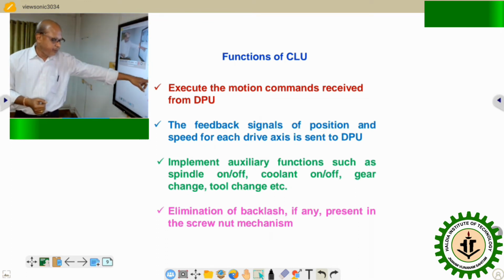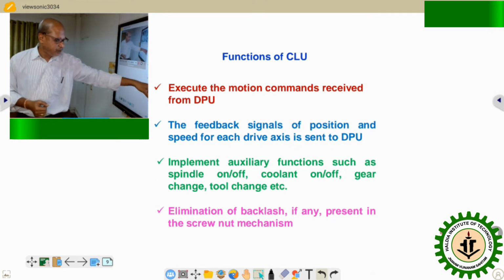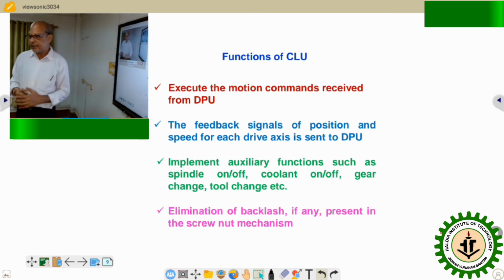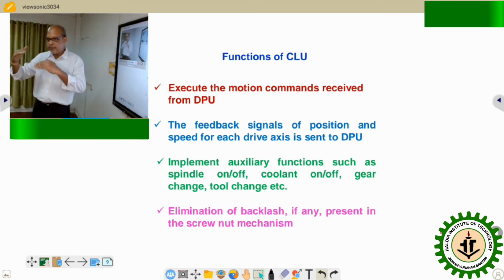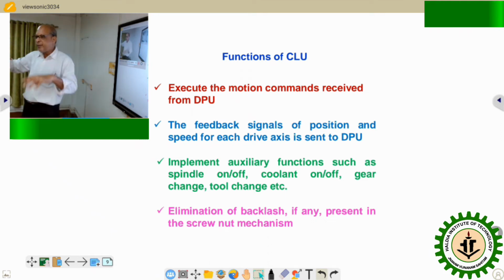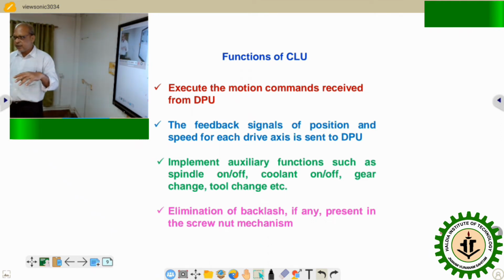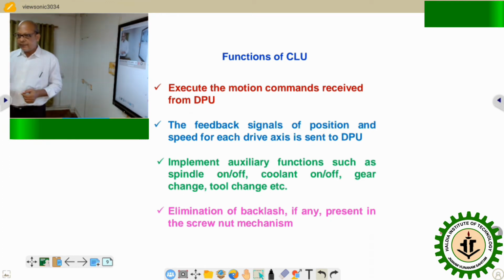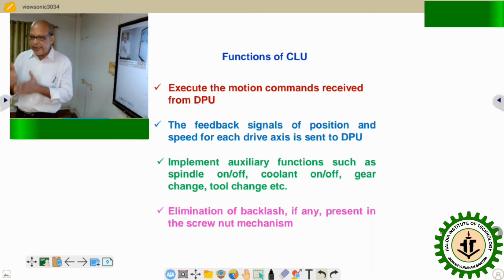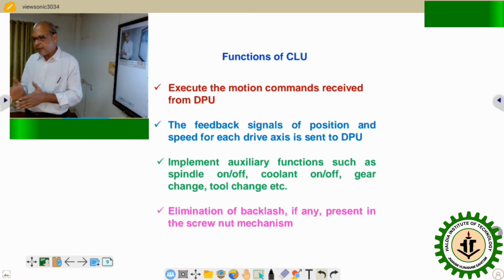Implement auxiliary functions such as spindle on/off, coolant on/off, gear change, tool change, etc. A very easy way to remember: decisions are taken care of by the data processing unit, and the implementation part is taken care of by the control loop unit. The control loop unit also monitors, and feedbacks are again sent to the data processing unit for taking corrective actions, so that any discrepancy present in the system will eventually be eliminated completely.